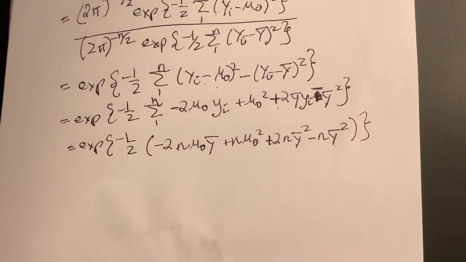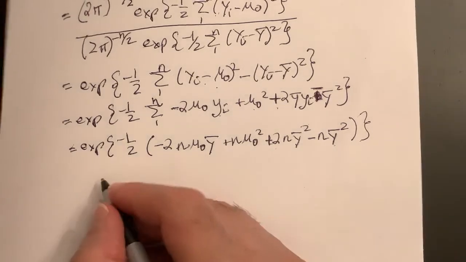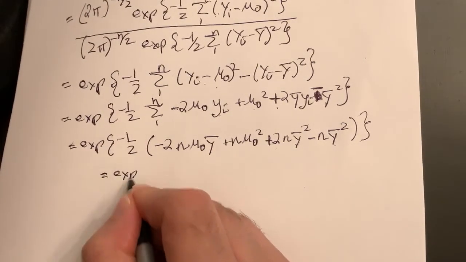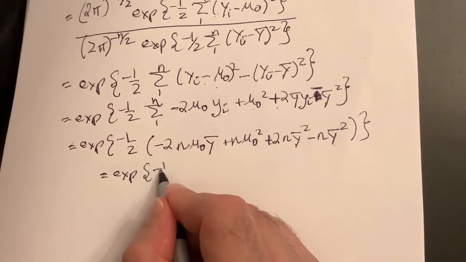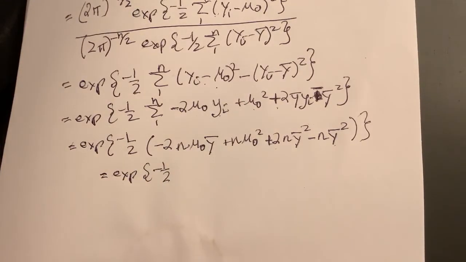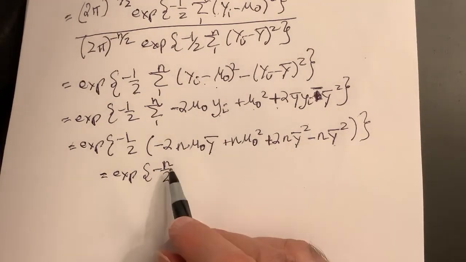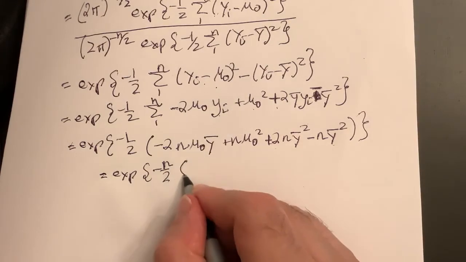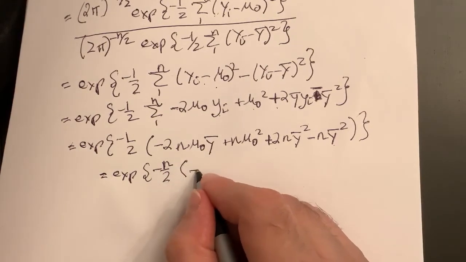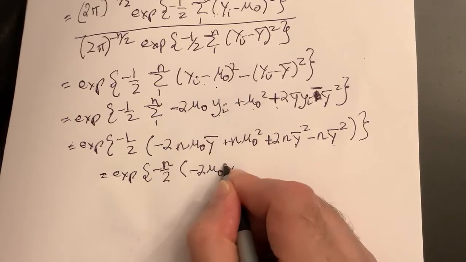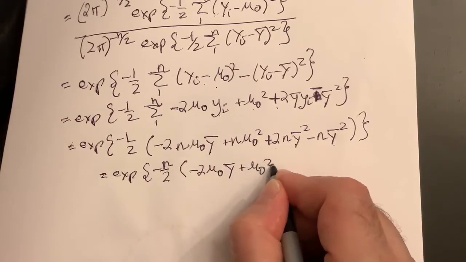All right, so from there, we can keep going, simplify it a little. Let's see what happens. This equals exp minus a half. The n can come out everywhere, so I have minus n over 2, and what do I have here? I have minus 2 mu 0 y bar plus mu 0 squared.